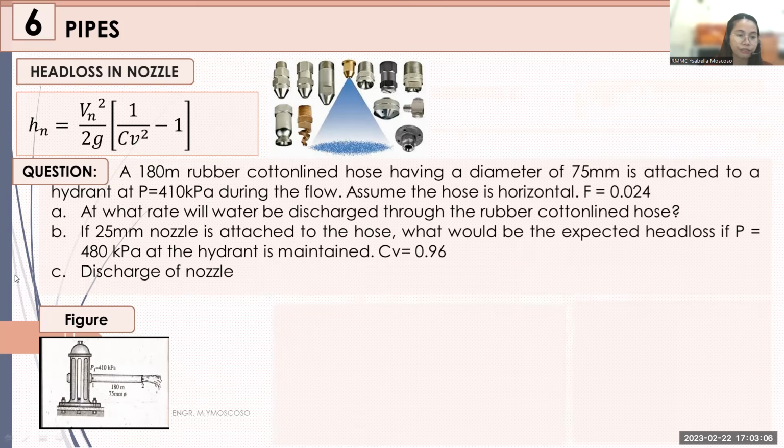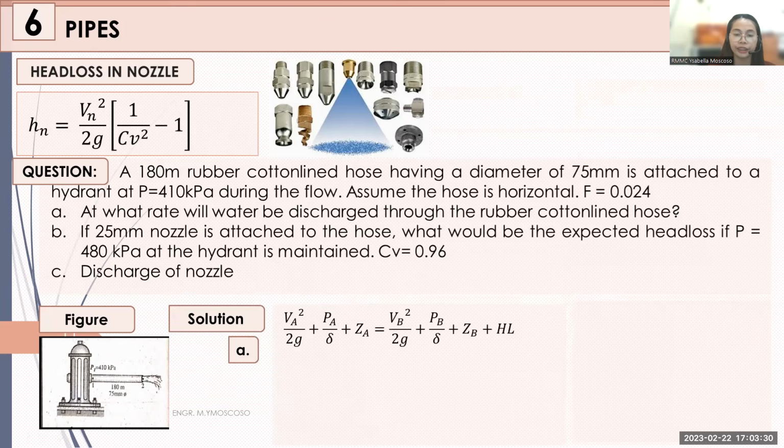So, if this is your figure, ito yung hose ninyo, this is your point 1, and that is point 2. You have a pressure between your hydrant and your hose at P sub 1. Okay, the diameter of your hose is 75 mm and the length of your hose is 180 meters. Hahanapin natin yung discharge.